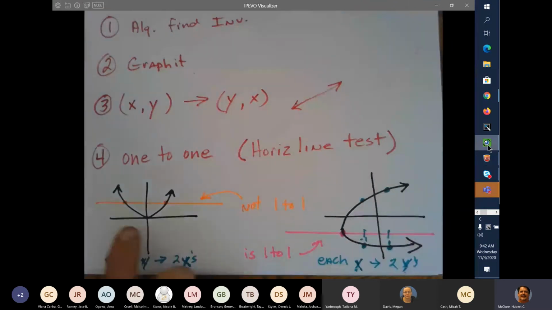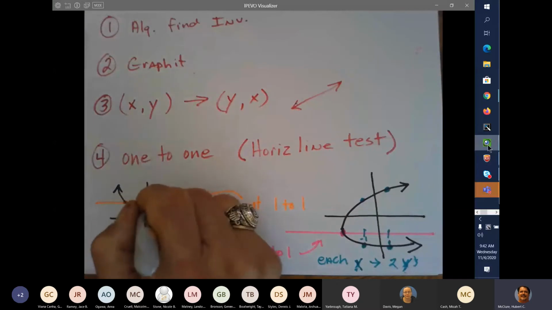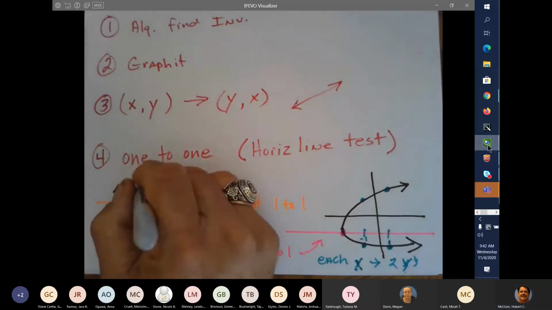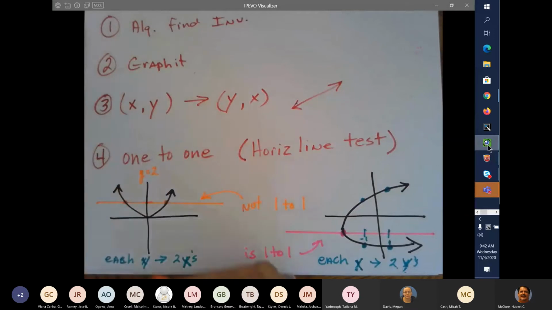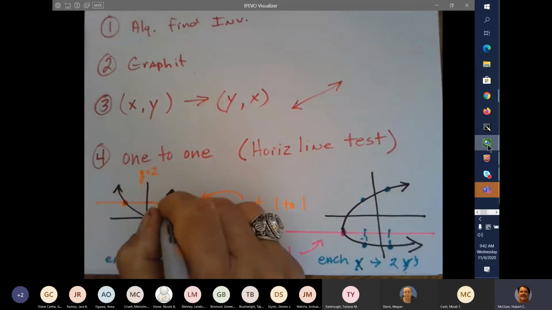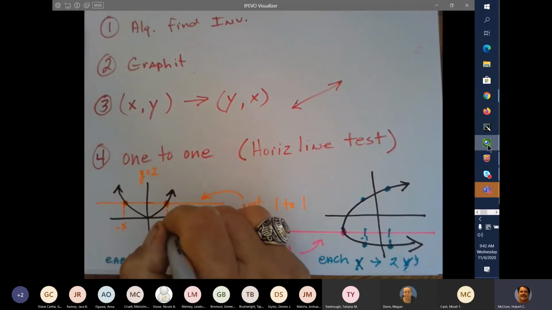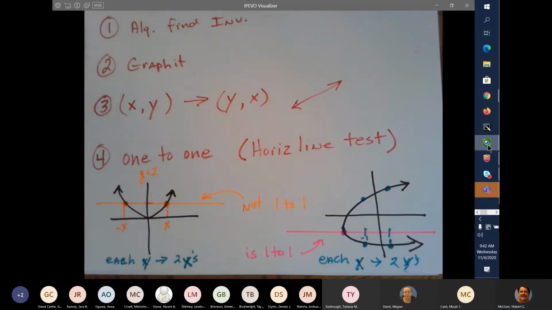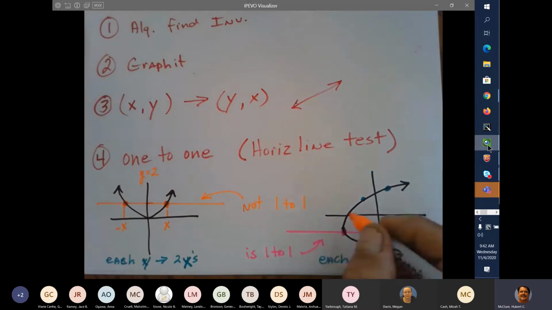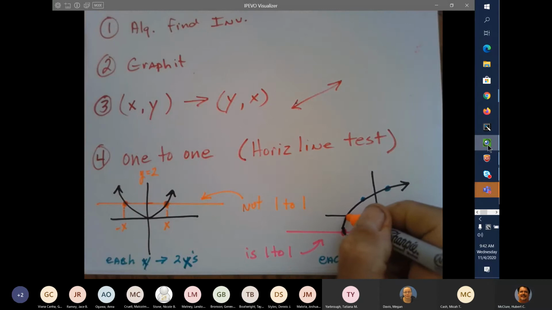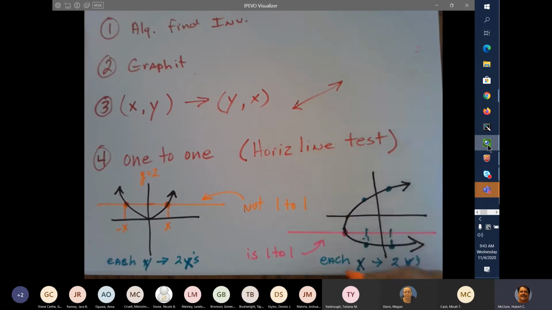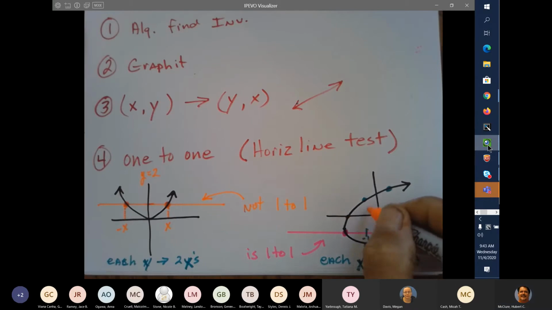So here I have y equal to 2. Let's say y is equal to 2, I have an x here, and I have a positive x here. Here's my plot right here, but that means right here, for each x, I have 2 y's.